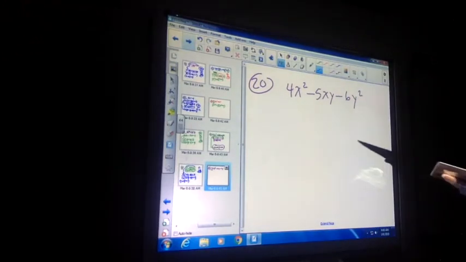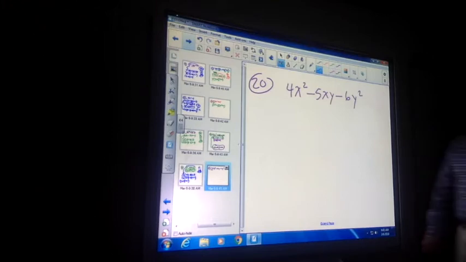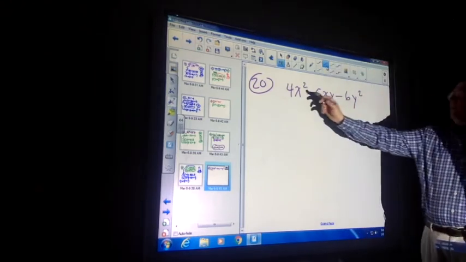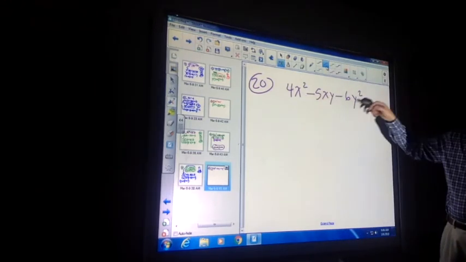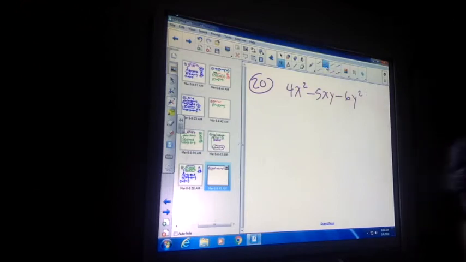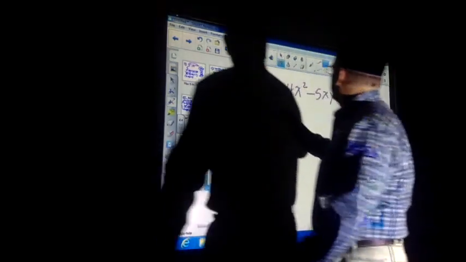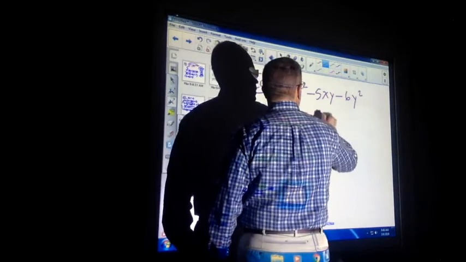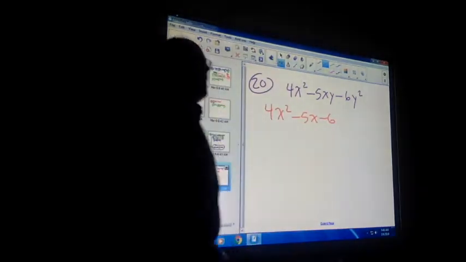Okay, we don't have a greatest common factor. They all don't have an x in common. They all don't have a y in common. So let's do this. I think sometimes the best way to do this, if you have an x squared, then an x, and then a y squared, I think the best way to do this is to have... can I factor that?